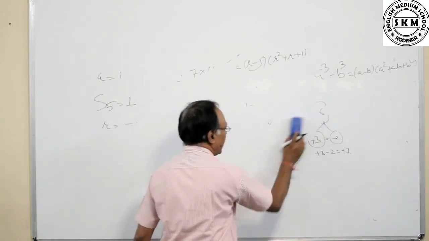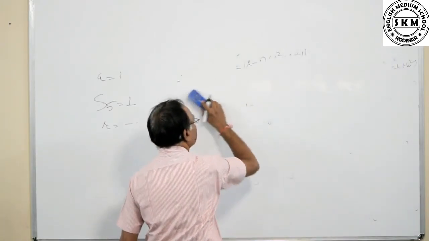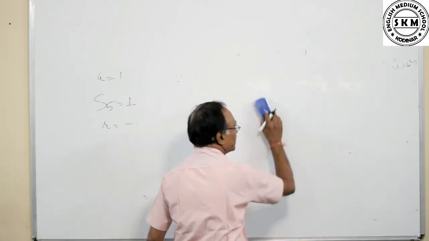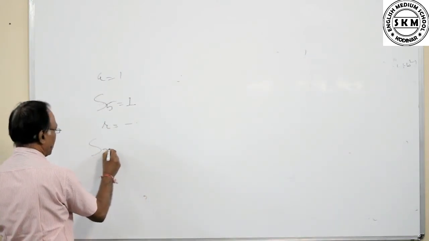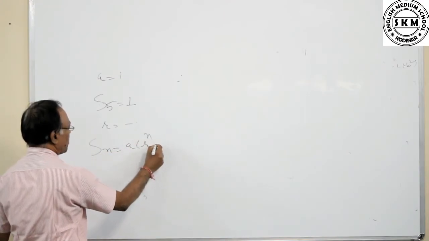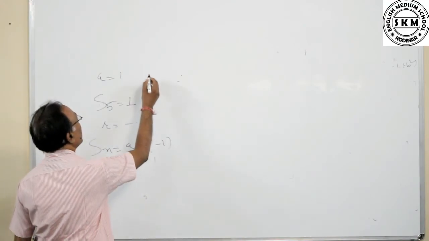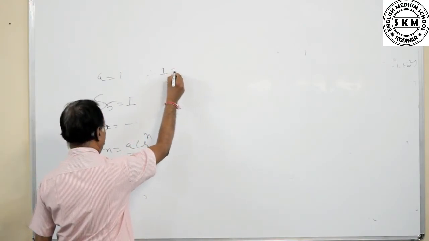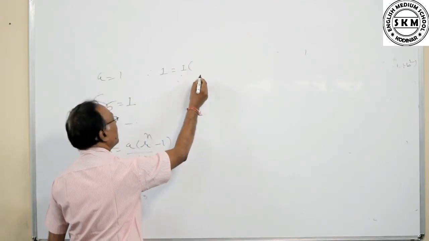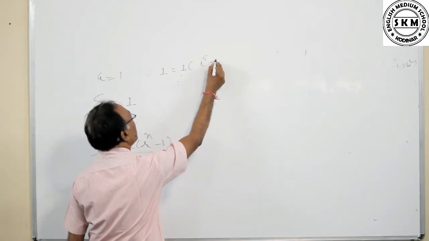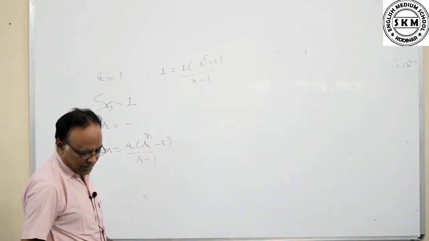Sn is equal to A times (r raised to n minus 1) upon (r minus 1). S5 is given as 1, so 1 is equal to 1 times (r raised to 5 minus 1) upon (r minus 1).